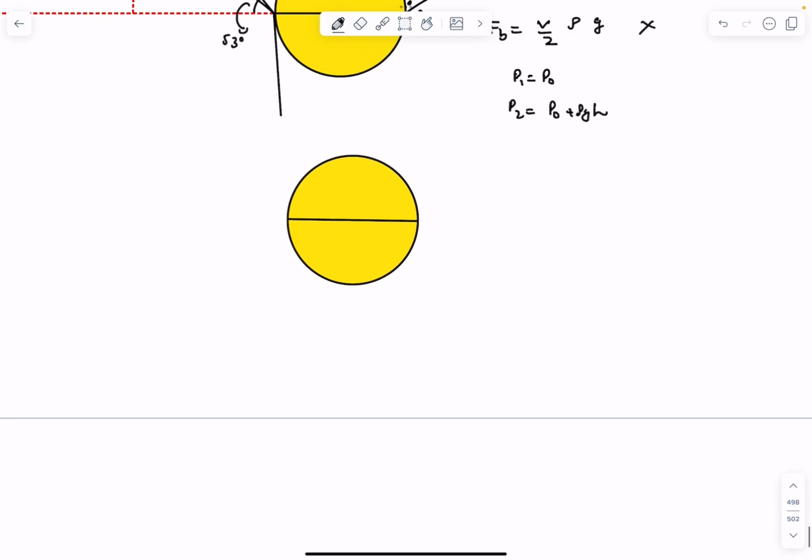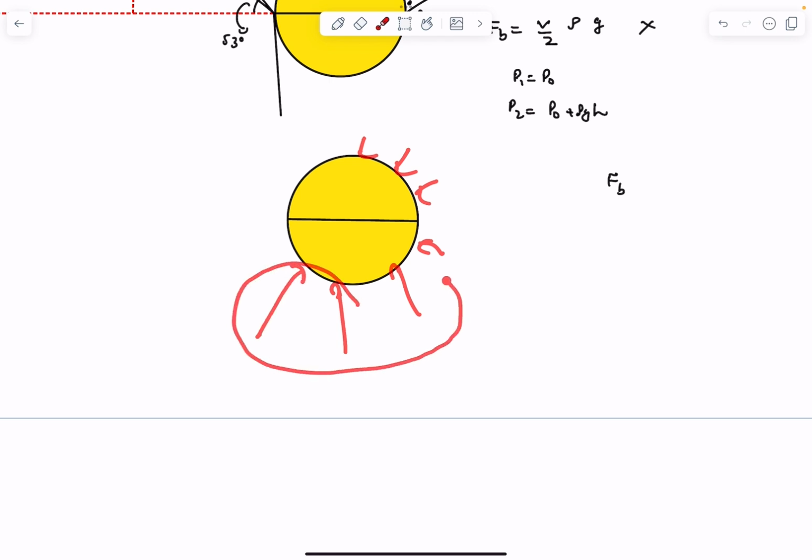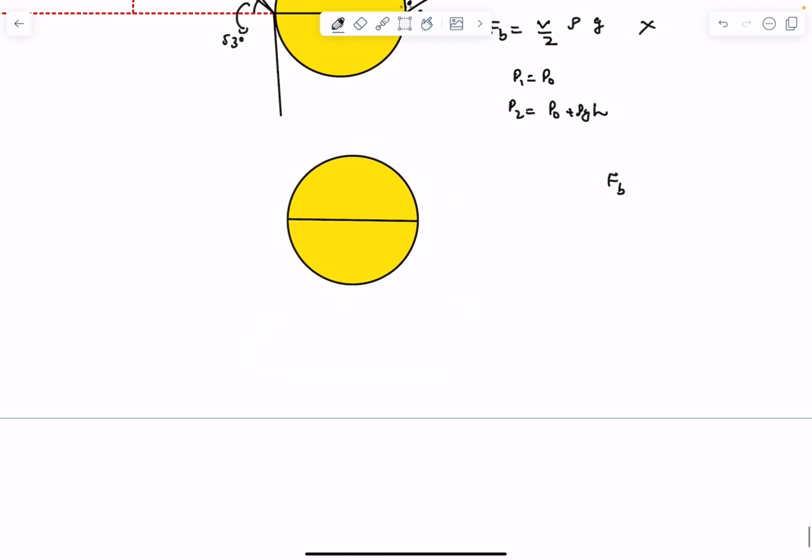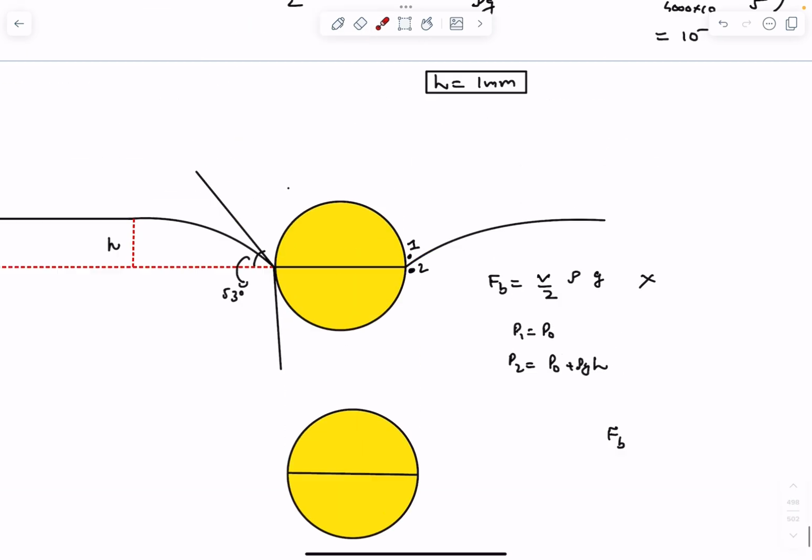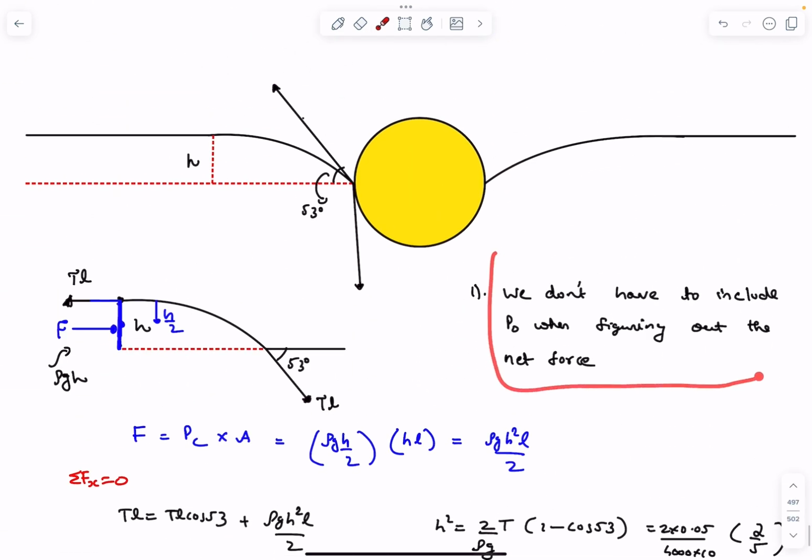So we have to determine what the actual buoyant force is. The buoyant force actually arises because as we go deeper and deeper into the fluid, the pressure rises. So as you can see, there is a non-zero upward resultant of the forces, and that's what is creating the buoyant force, right? Let's just mark down the pressure forces first. For the point 1 that we discussed here, we don't have to include the P naught when we are figuring out the net force.